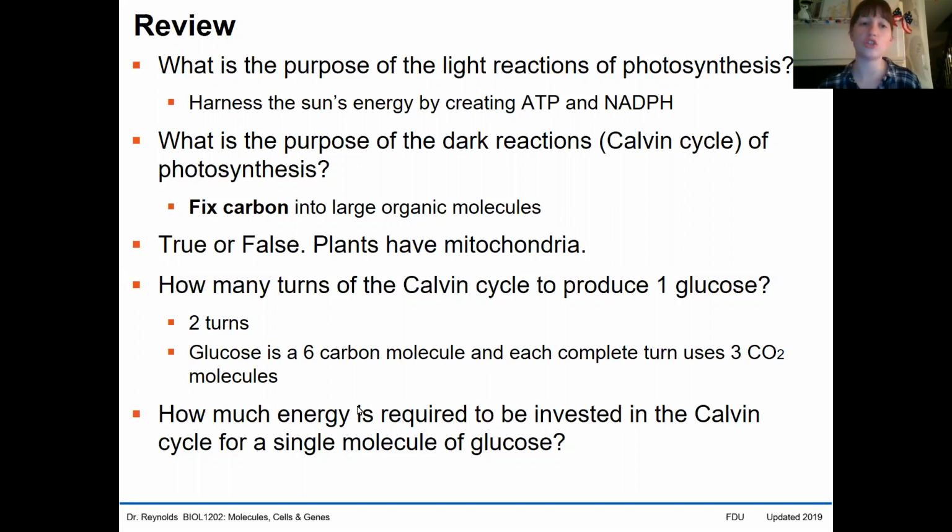So there are going to be 2 turns of the cycle in order to create a single molecule of glucose. And if you have to do 2 turns, each one requiring 9 ATP and 6 NADPH, that means 18 ATP and 12 NADPH are necessary to create a single molecule of glucose.